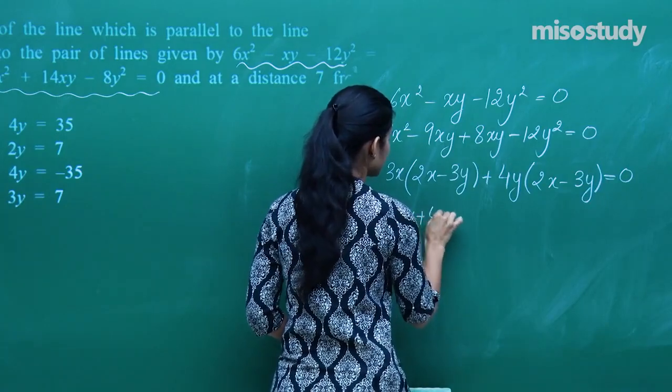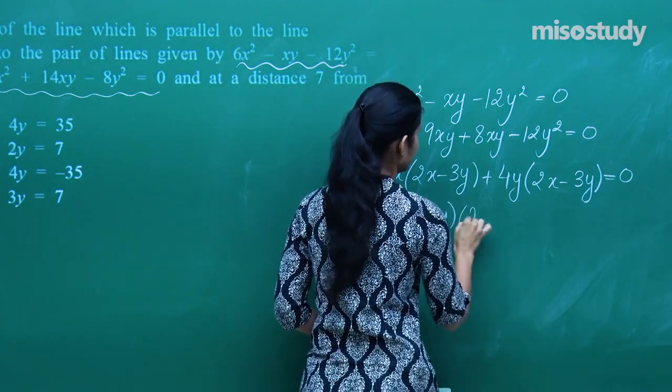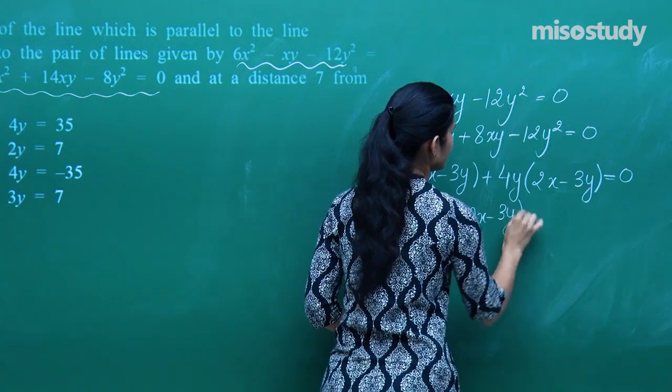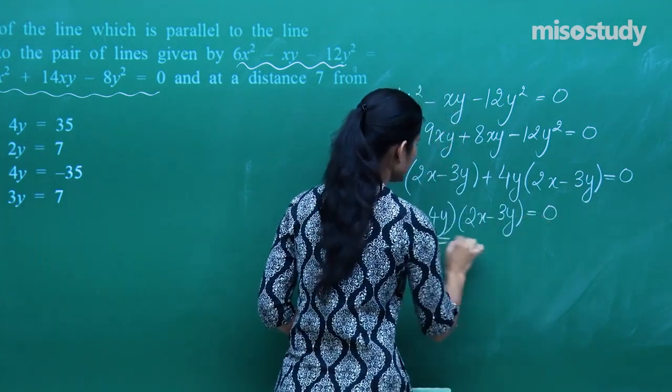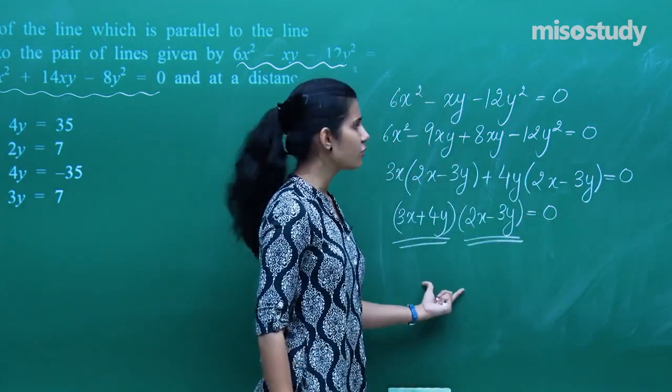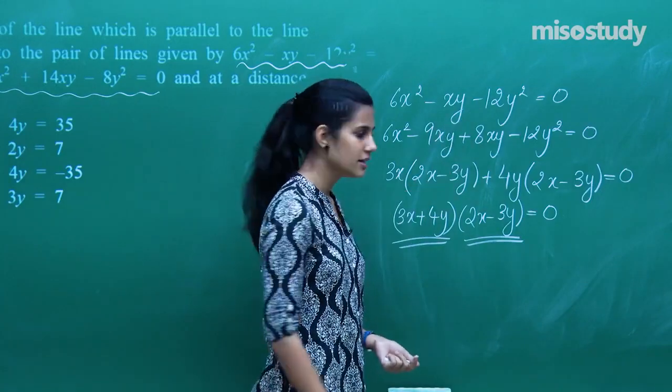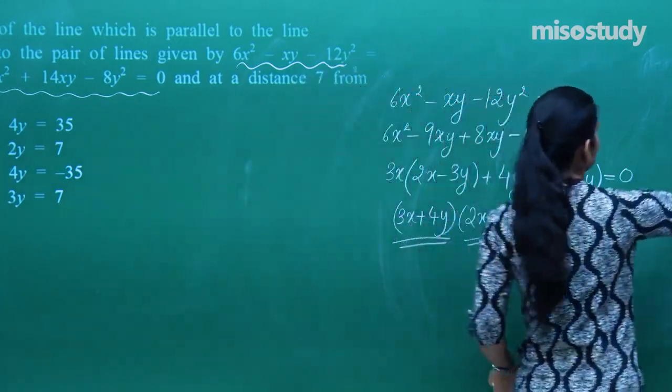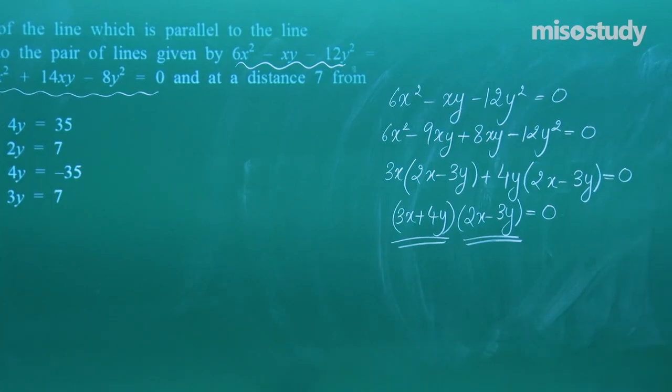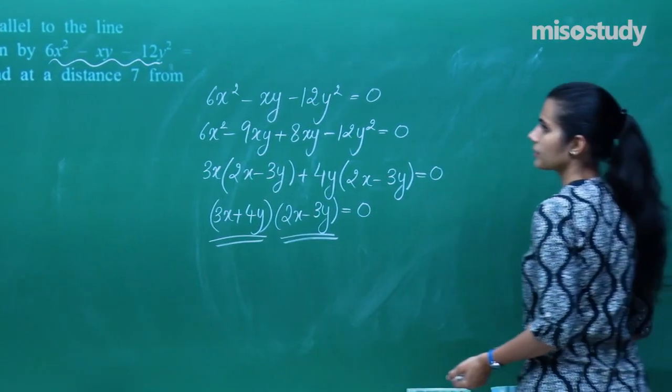So you get (3x plus 4y)(2x minus 3y) equals 0. This is the first line, this is the second line, and the joint equation of these two lines is this.